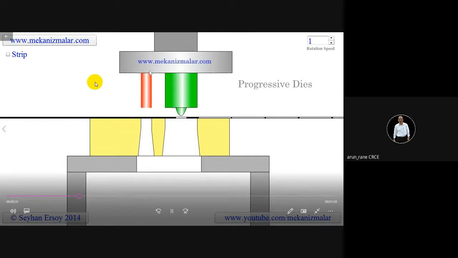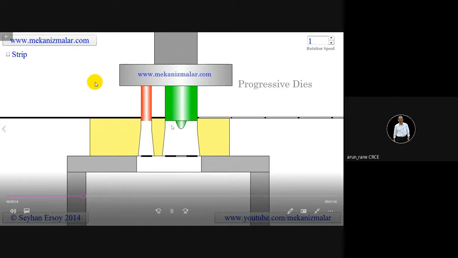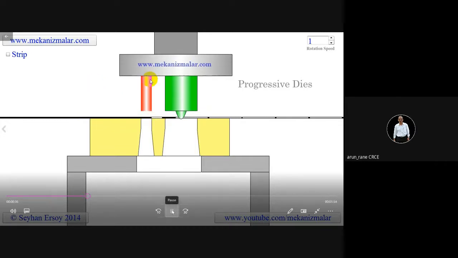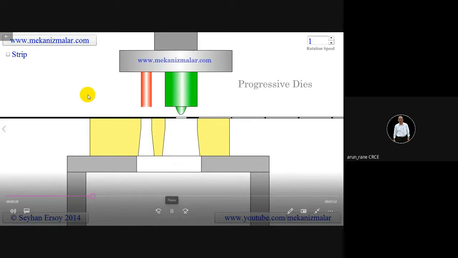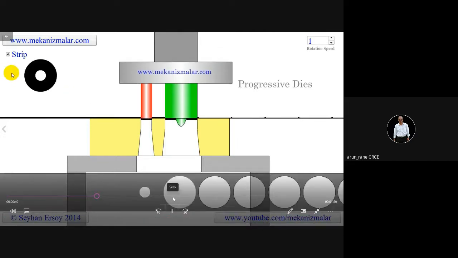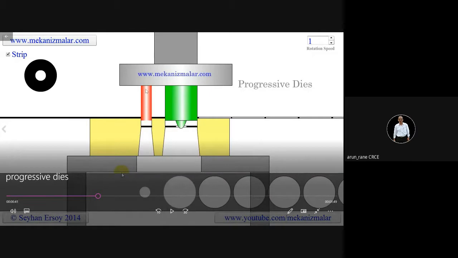This is the first operation and this is the second operation. So this is the first stroke. The first stroke will do the punching because the strip is coming from here. Okay, the first stroke the punching will happen. Then it goes up. Then the strip moves ahead.